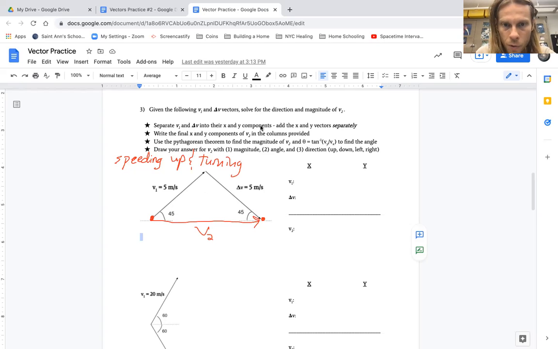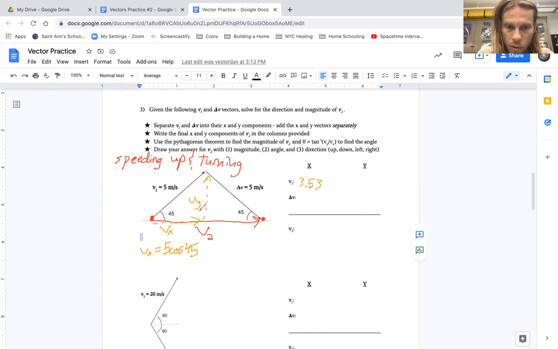Now, to do the math, we draw the components. I'm going to draw V1's components first, where we have Vx and Vy. Vx of V1 is 5 cosine 45 degrees, which is about 3.53.